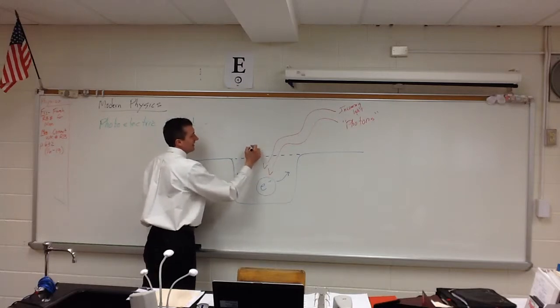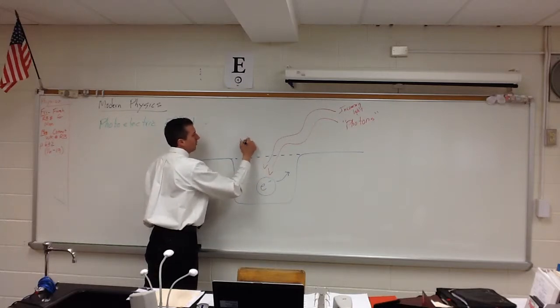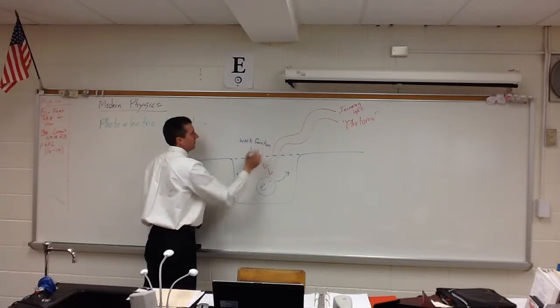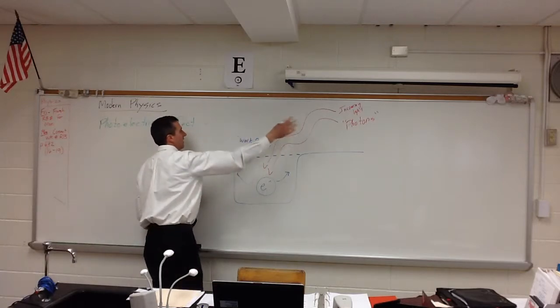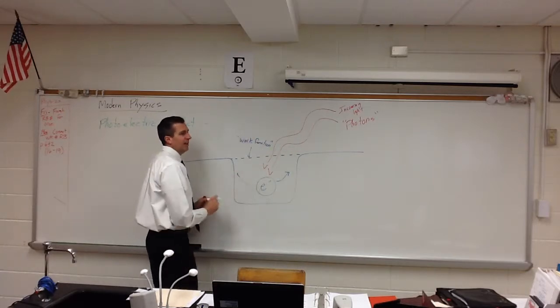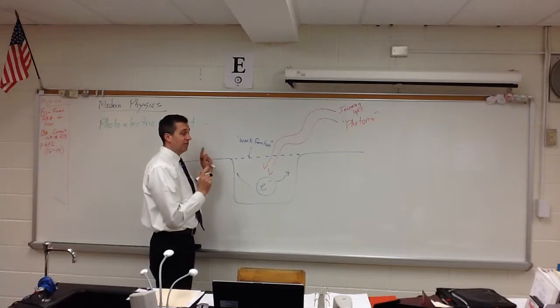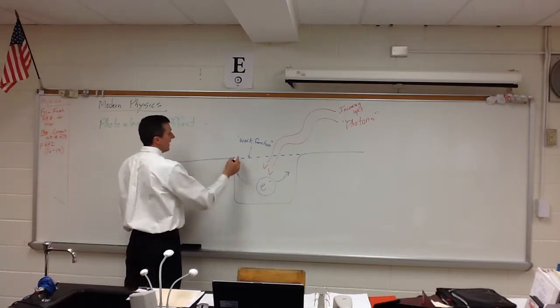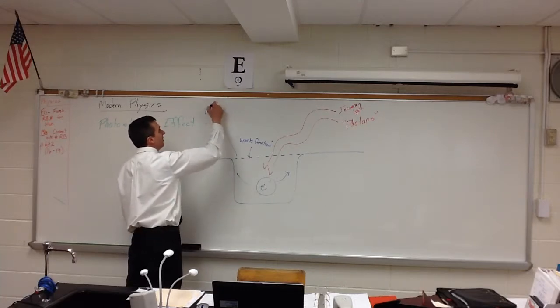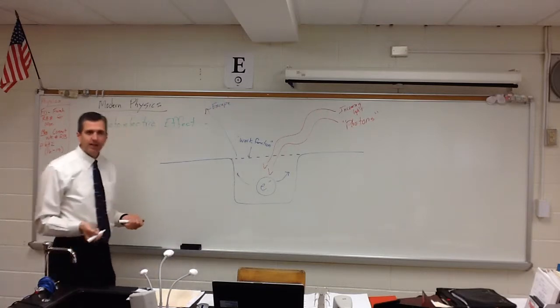This dotted line is called the work function. So we've got the work function. We've got photons of light coming in. They're exciting Eddie. If Eddie actually gets up past the work function, boom, he escapes, and he has another name.